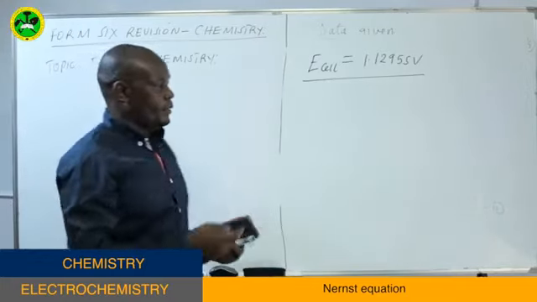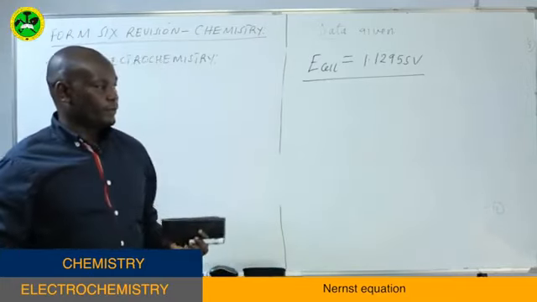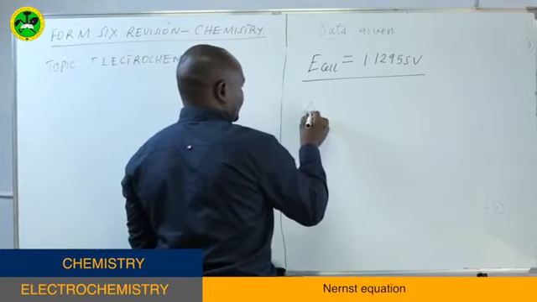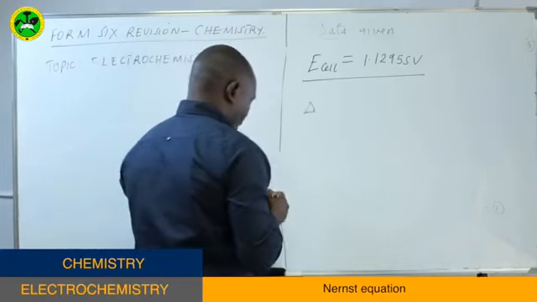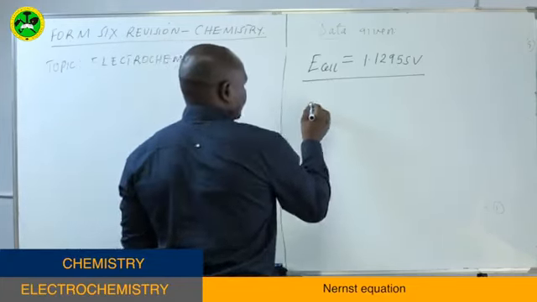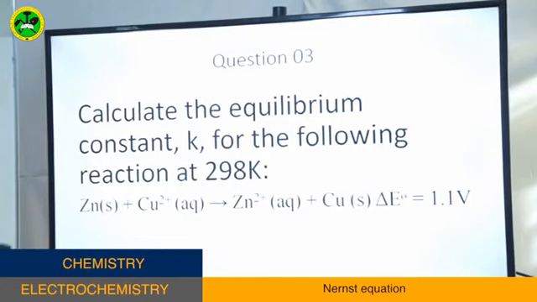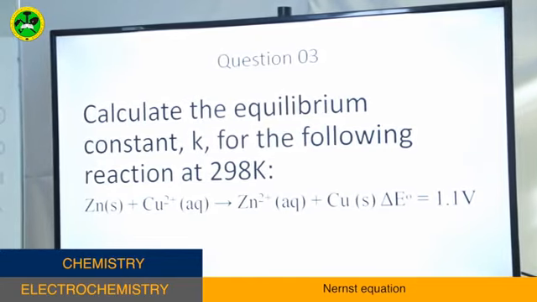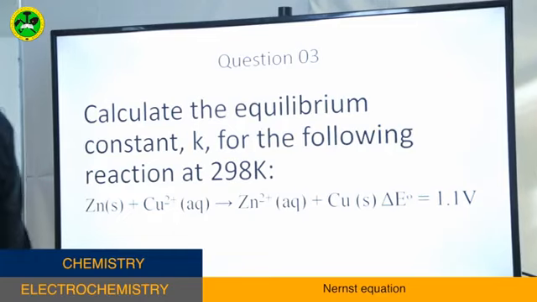From the question, the data given: we have the standard electrode potential of our cell, which is equal to 1.1 volts.